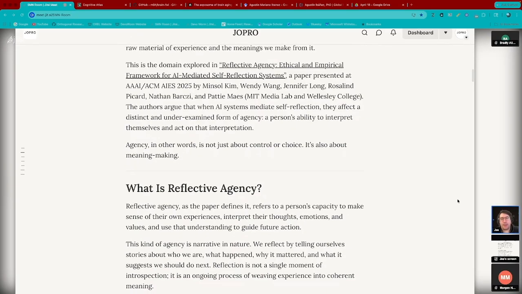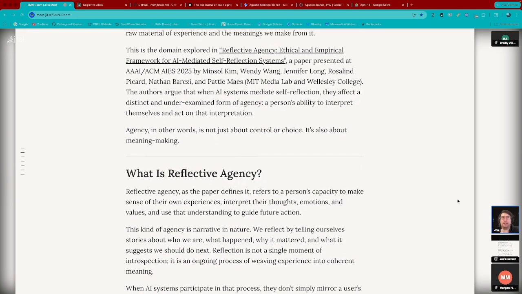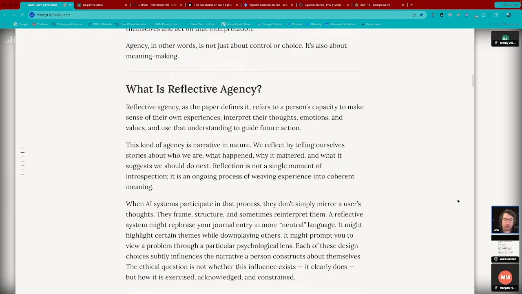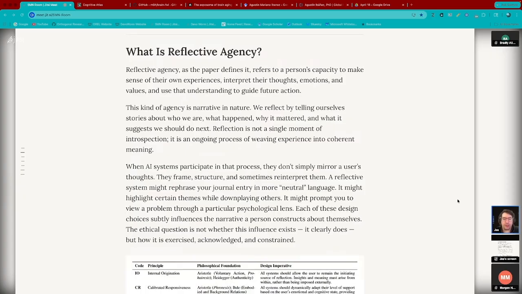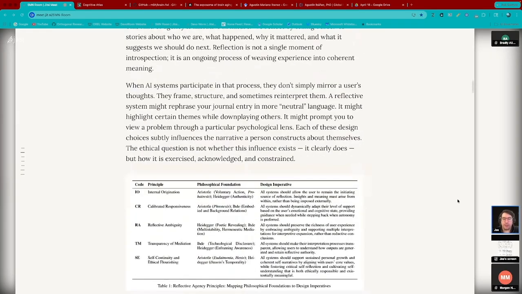It was an interesting paper because it deals with phenomenology a little bit. It deals with some ethics, and it deals with these technical structural ways to deal with how a user's narrative is being influenced.